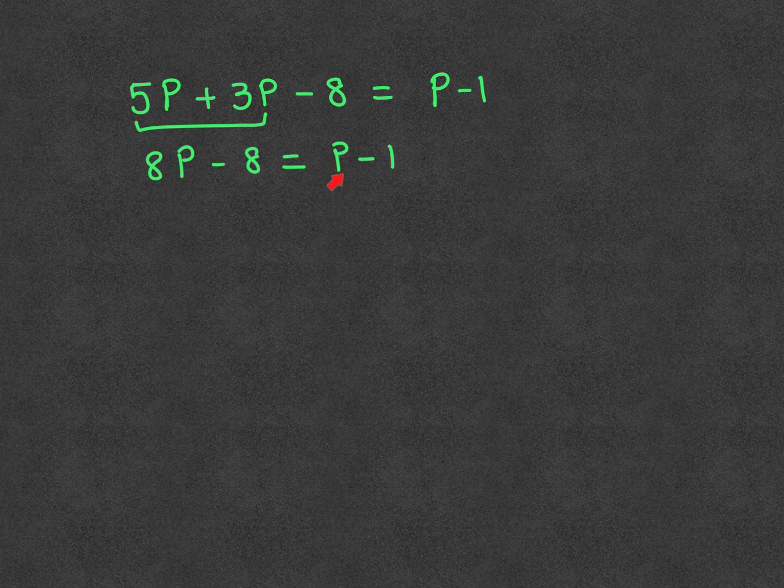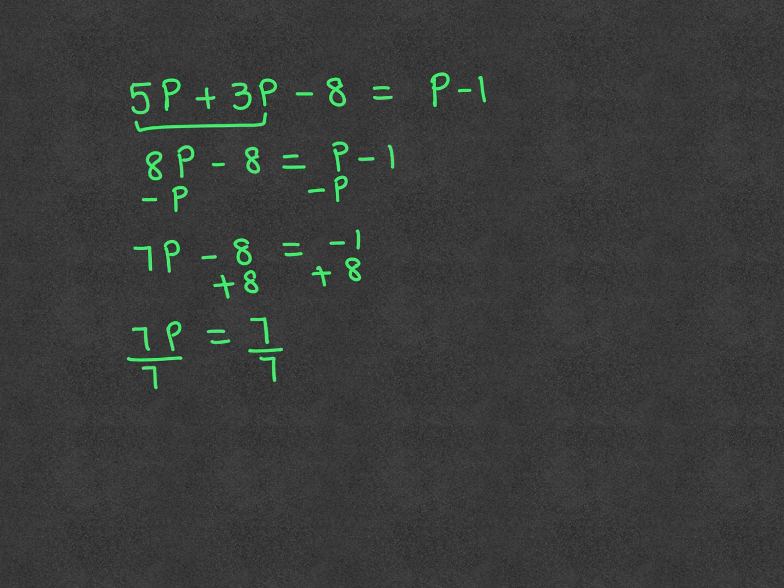To bring this variable to this side, we are subtracting p on both sides. So 7p minus 8 equal to -1. Now I'm adding 8 on both sides. 7p equal to 8 minus 1, that is 7. To get the variable by itself, we are dividing by 7 on both sides. So p equal to 1 is your answer.